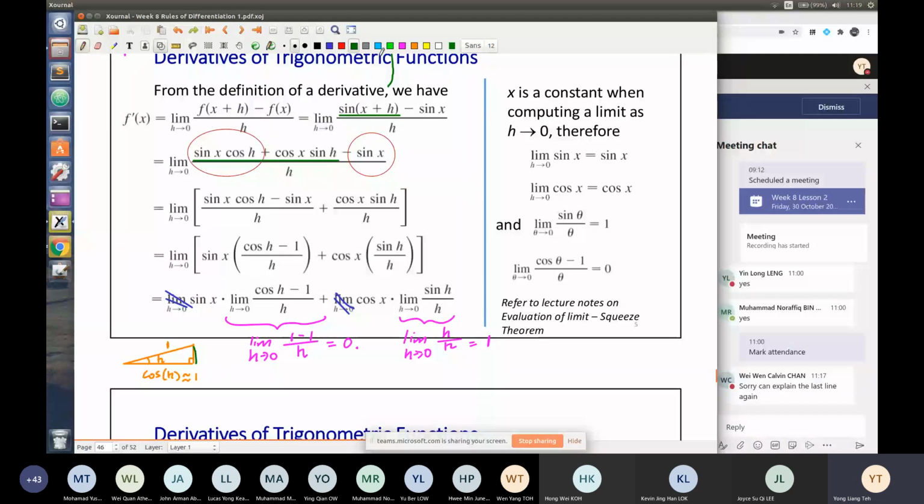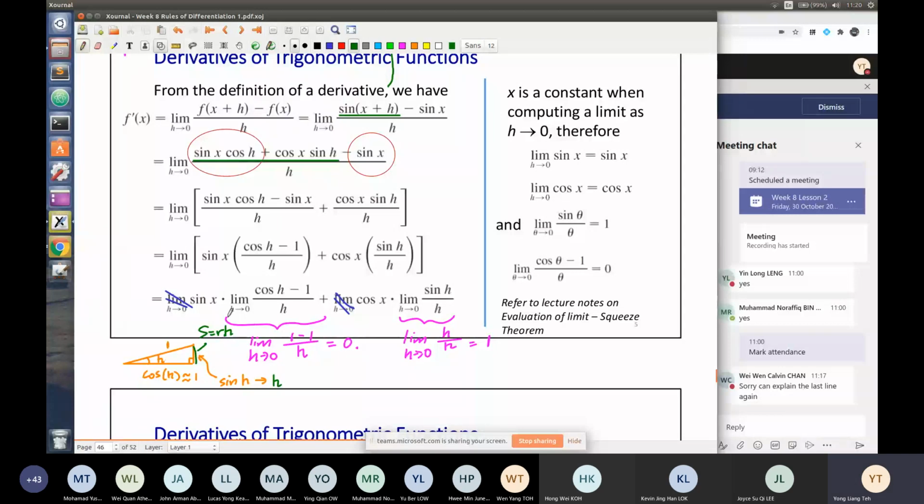Therefore, sine h will go to h. Why does it go to h? Because s equals r theta. You still remember, the arc length s is equal to r theta, but theta is h. What is r?